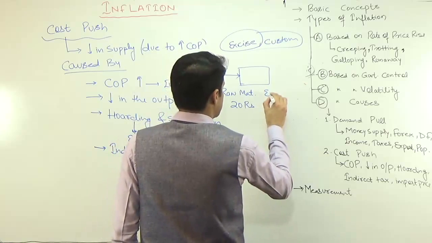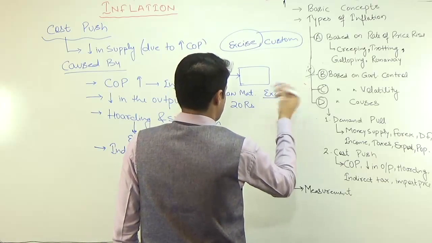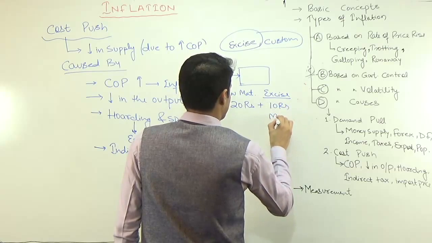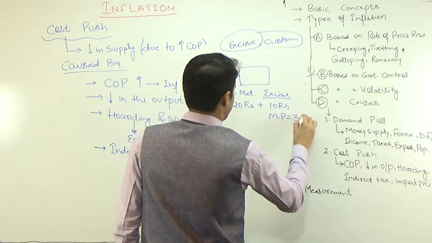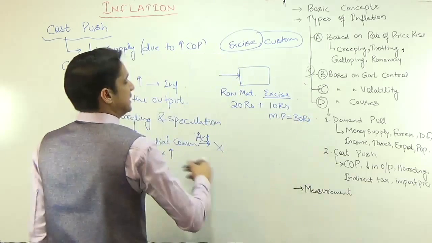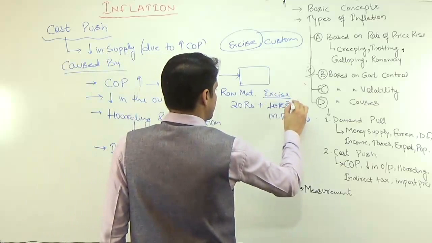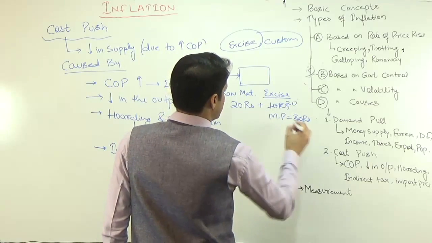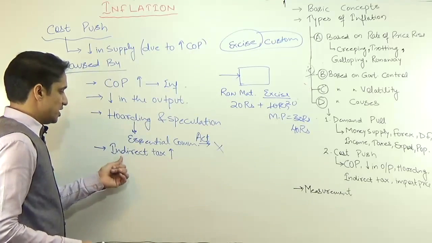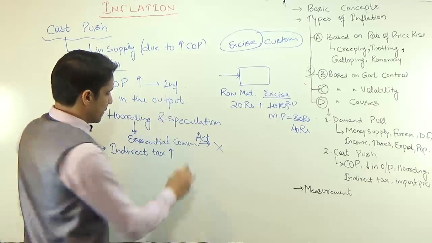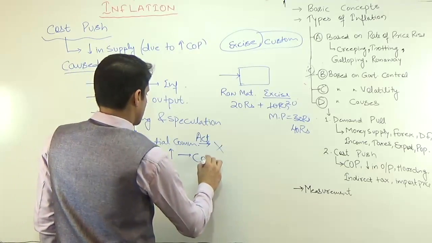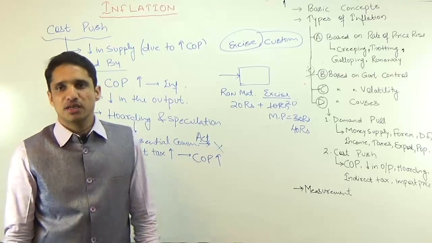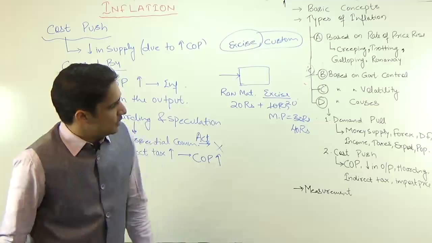Excise duty suppose was 10 rupees and the market price was 30 rupees. But suppose the government increases this indirect tax to 20 rupees. So that is going to increase the market price to 40 rupees in comparison to 30 rupees. So when indirect taxes increase, cost of production is going to increase, and that is going to cause some inflation in the economy. Then we have the import.